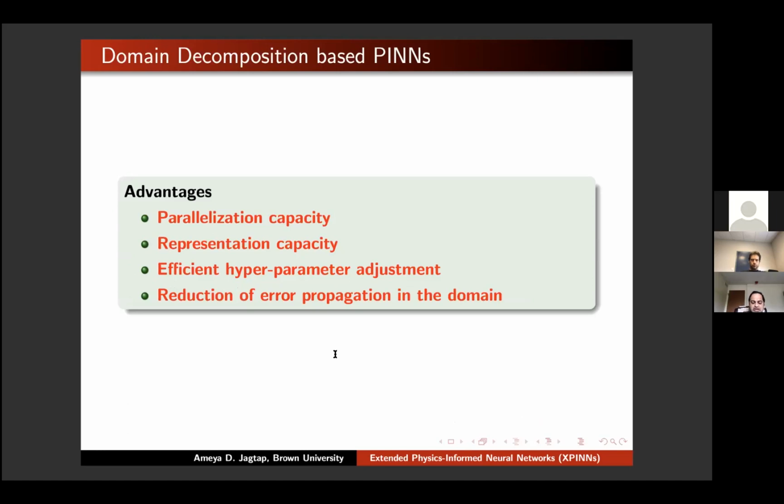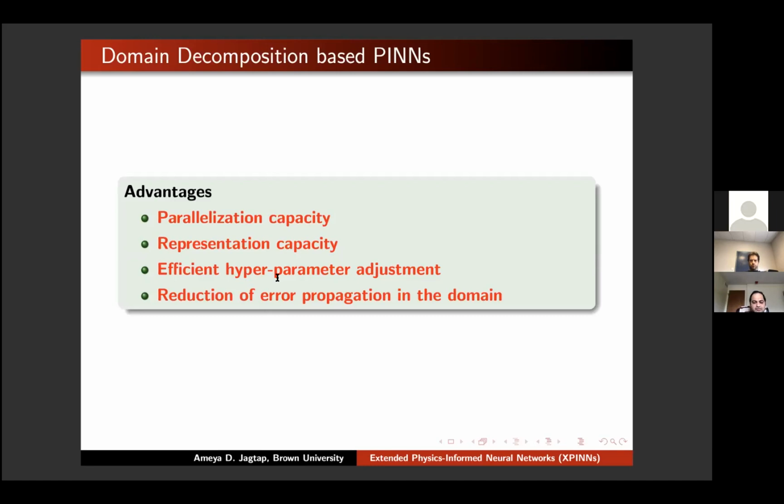That means either you choose the network a priori, knowing that you have a complex solution in a particular subdomain, or you can use meta learning to choose the network depth as you evolve in time, or as you develop your solution here. And the third advantage is we can adjust all the hyperparameters. As I said, we can use meta learning to come up with all the hyperparameters.